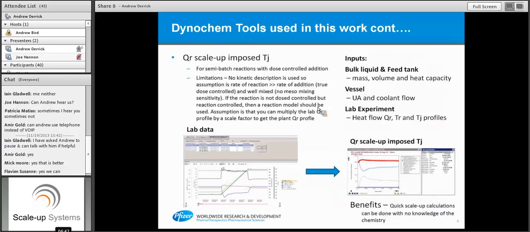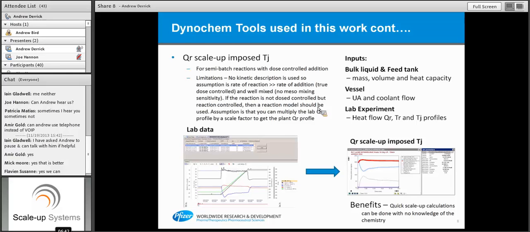So the main model that's used in this work is the aptly named QR Scale-Up Imposed TJ model, which is found on the DynoChem Resources website. You can use this model for semi-batch reactions which are dose controlled. The limitations here are that there is no kinetic description at all in the model, and the assumption is the rate of reaction is far greater than the rate of addition, so it's a true dose controlled reaction.